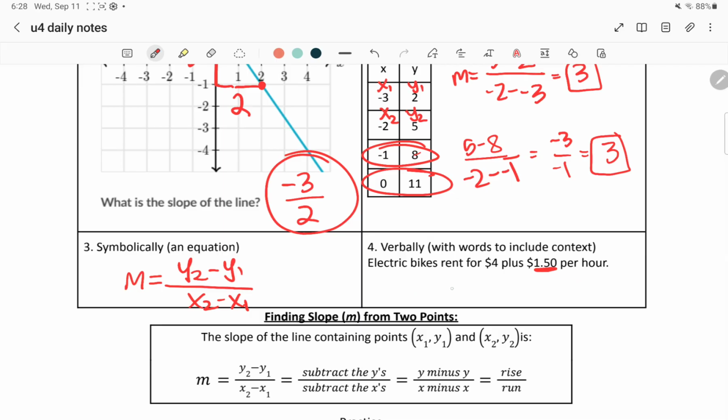So, what I would say here is 1.50 is my slope, because that's what's happening, that's what's changing each time, right? $4 is, it's just there. But the $1.50 per hour, that's changing each hour. Okay, so that's going to be my slope.